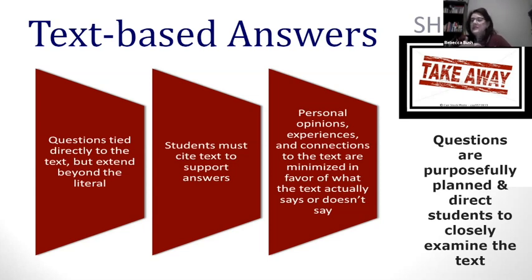Personal opinions and experiences and connections to the text tend to be minimized in favor of what the text actually says or doesn't say. And so these are all pretty significant shifts when we talk about the role that text-based answers play in student thinking as they are interacting with the text.